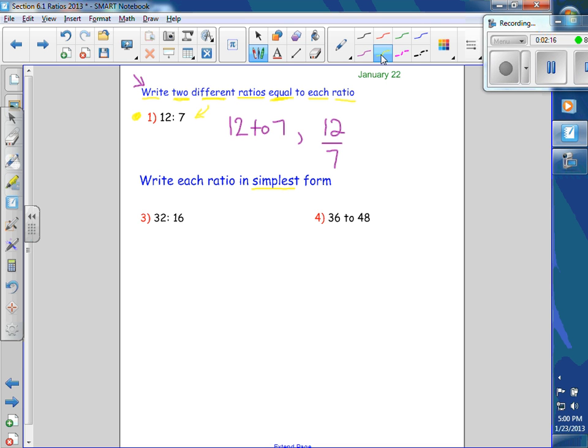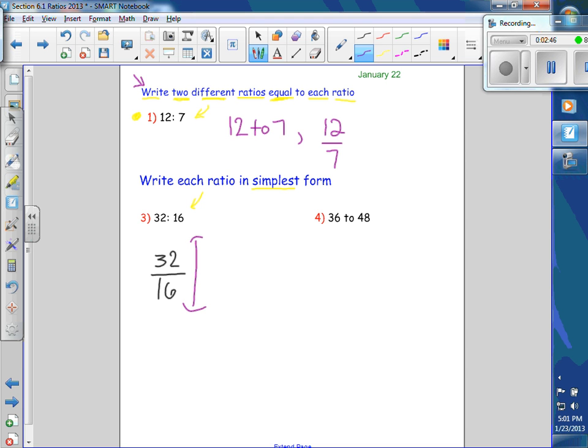Take the ratio that's given, like number 3, and rewrite that in fraction form and see if you can reduce the fraction. So 32 over 16 can be simplified. So we're going to take this ratio 32 to 16. First, we're going to write it in fraction form, and we're going to see if we can simplify it.